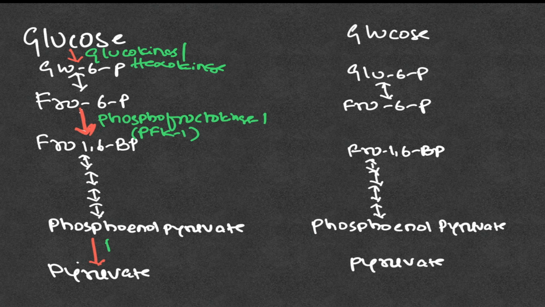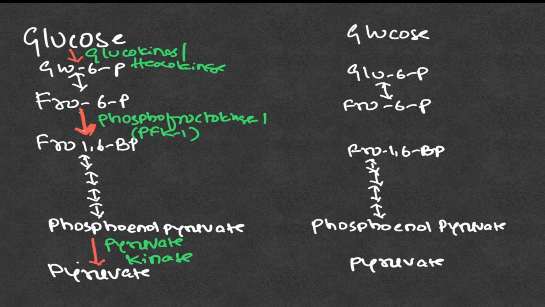And the third irreversible reaction is catalyzed by pyruvate kinase. So overall we have three enzymes which catalyze irreversible reactions in glycolysis. Glucose to glucose 6-phosphate is the glucokinase hexokinase reaction, fructose 6-phosphate into fructose 1,6-bisphosphate is the phosphofructokinase 1 enzyme, and phosphoenolpyruvate into pyruvate is the pyruvate kinase enzyme.